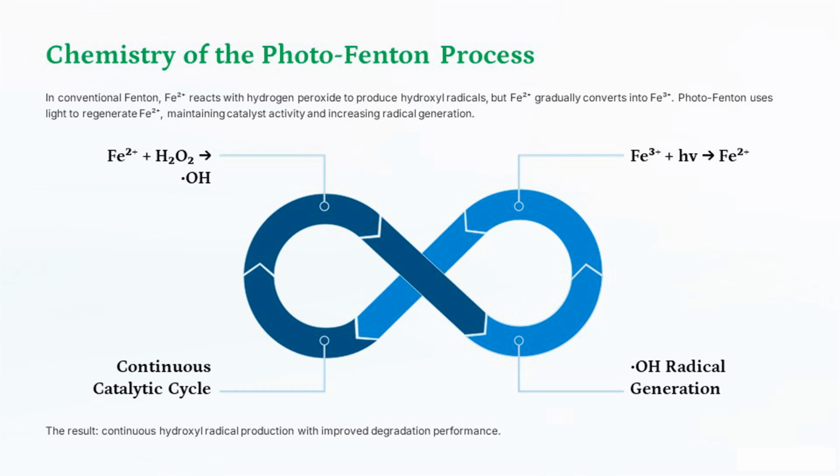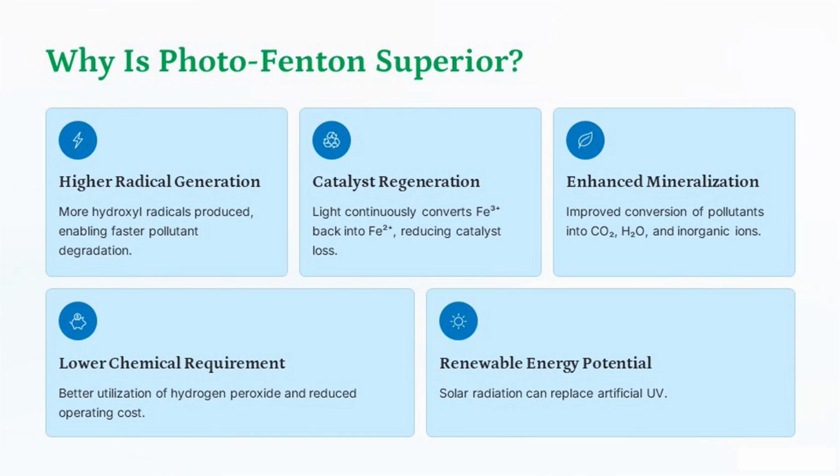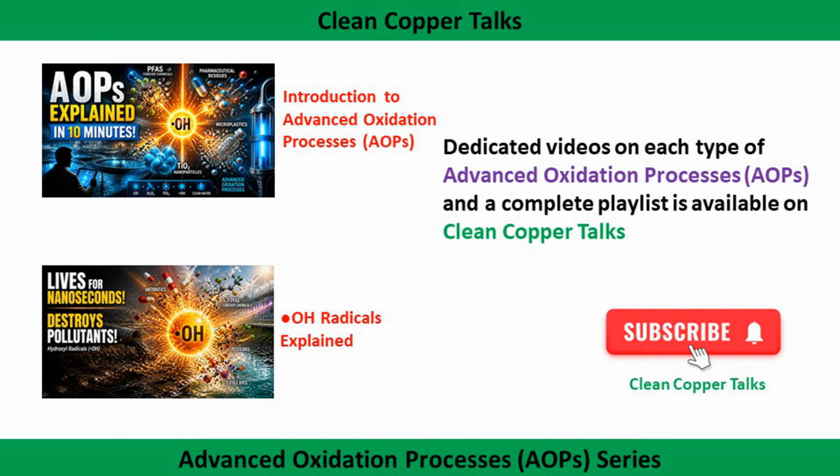So why is Photo-Fenton process superior? The Photo-Fenton process performs better than the classical process. The biggest advantage is higher hydroxyl radical production. More radicals mean faster destruction of pollutants. Second, continuous regeneration of ferrous ion reduces catalyst loss and improves reaction efficiency. Third, Photo-Fenton achieves better mineralization.